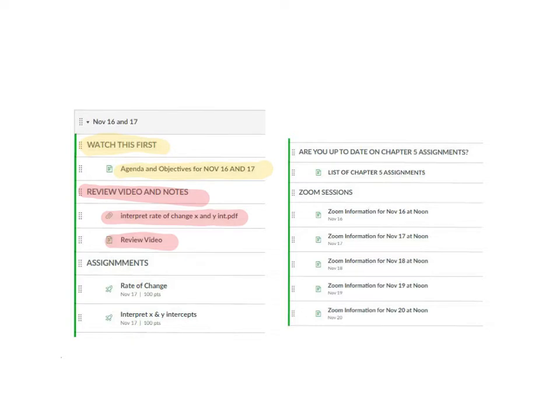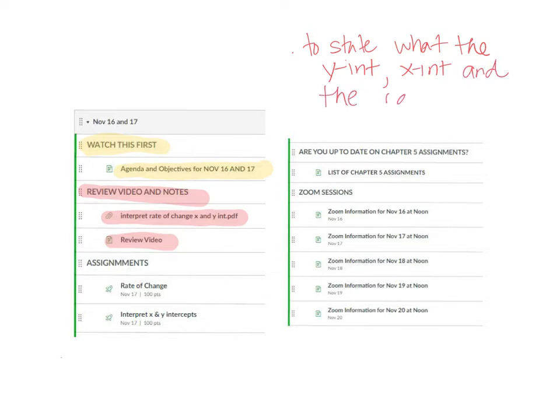And our goal or our objective is to be able to state what the y-intercept, the x-intercept, and the rate of change represent in the problem.